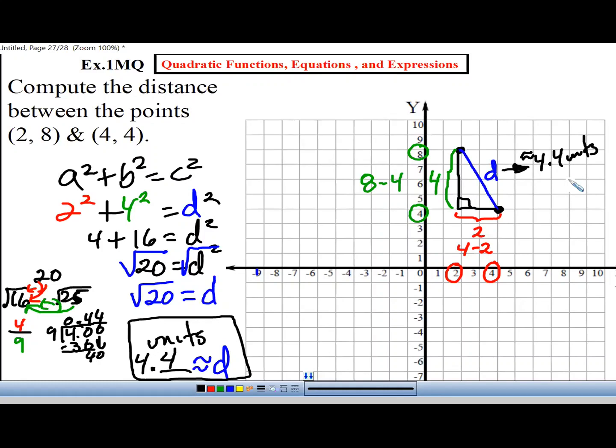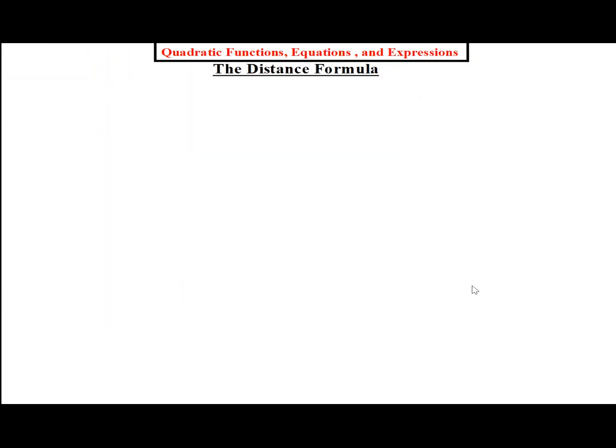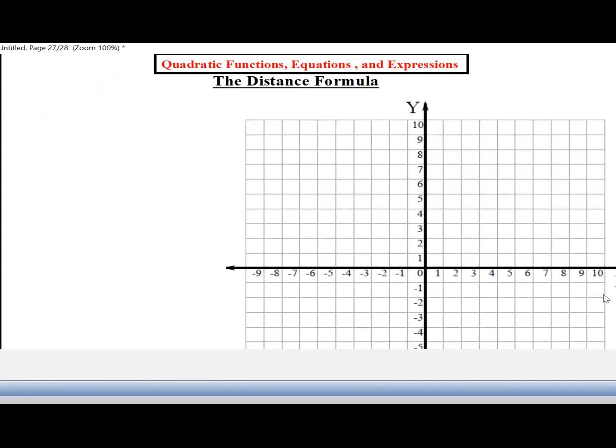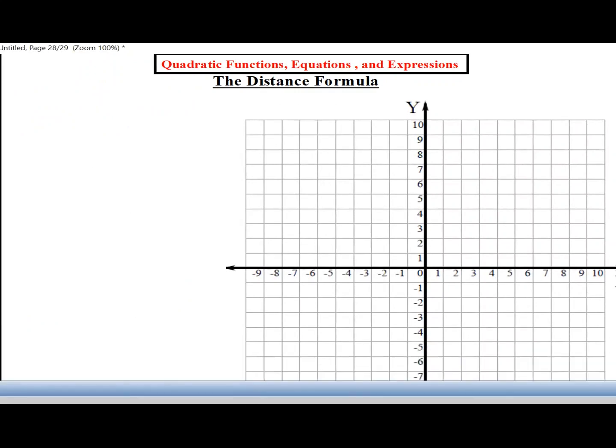Here we go. Get another coordinate plane, label it example Q. For this example, I'm not going to give you the coordinates. I'm actually going to give you the points already plotted on the graph.